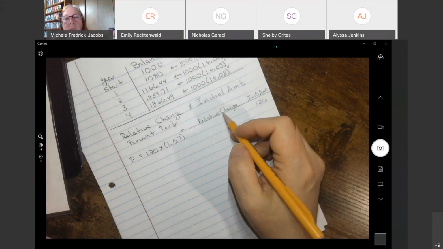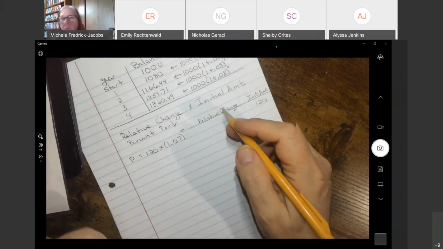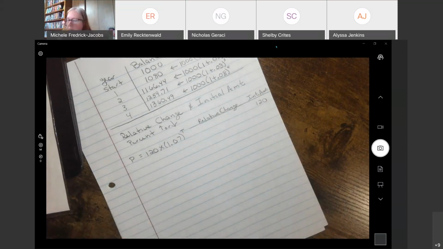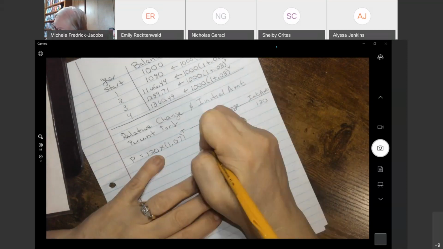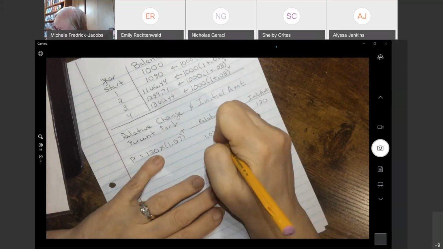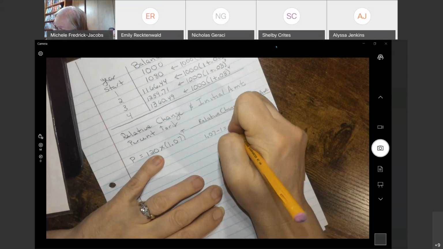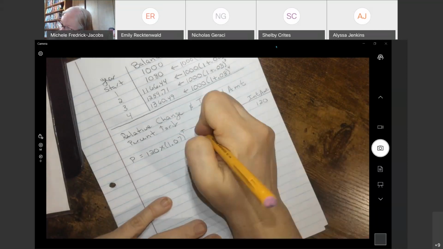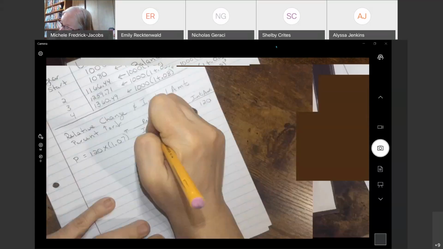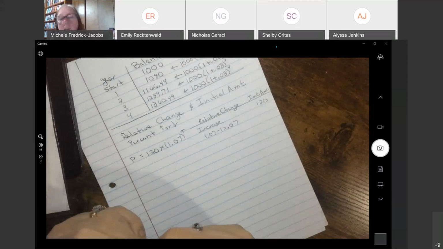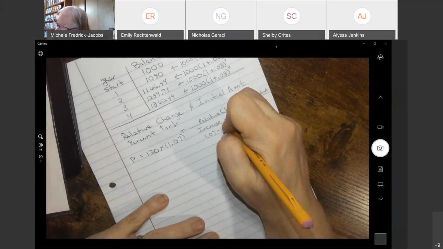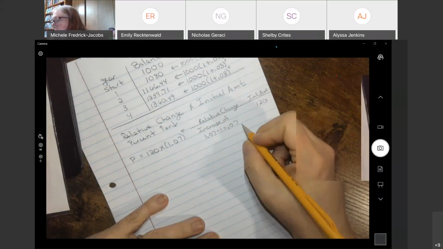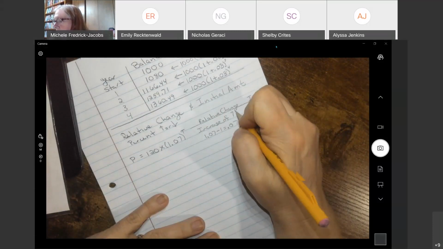Now, to find the relative change, you could always subtract 1. Since it's positive, it's an increase. And then write this as a percent, 7%.